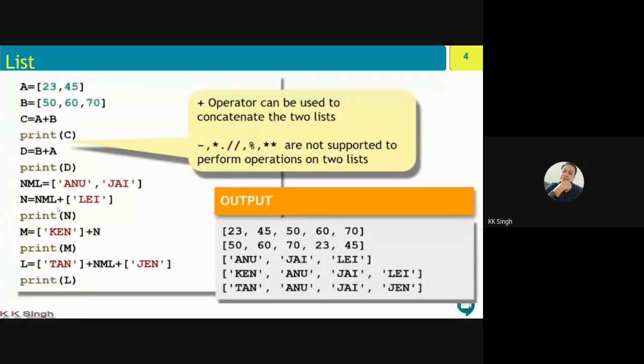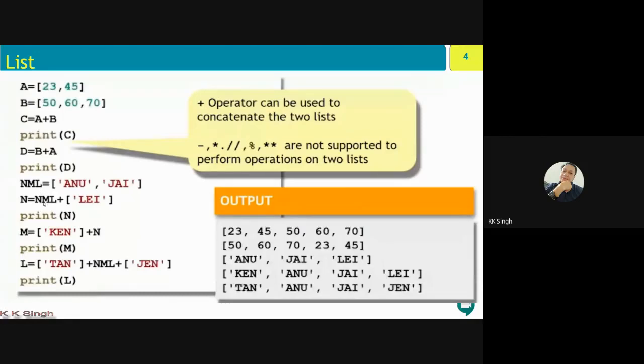Another example: NML is equal to Anu and J. So this is a list of strings, and Anu and J are the members of NML.